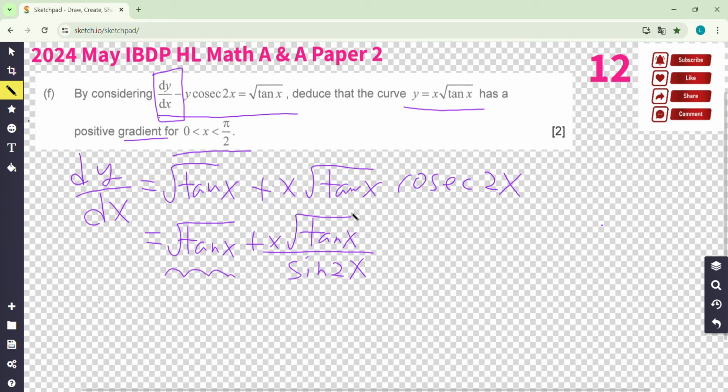So what you need to say is just for x larger than 0, less than pi over 2, sine 2x is larger than 0 in the first and second quadrant, right? And obviously square root of tangent x must be positive. So dy/dx is larger than 0, so positive gradient.